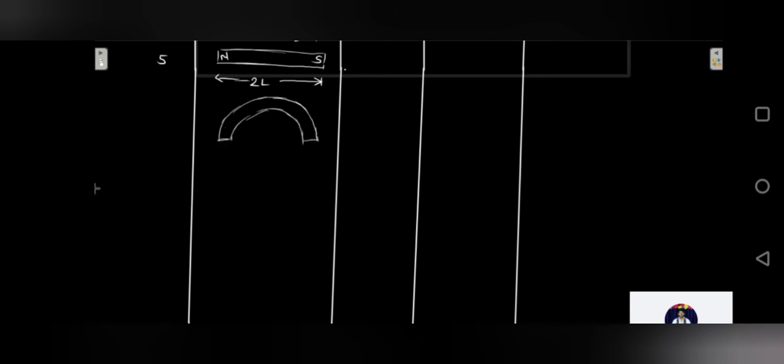Let's say that the radius of this semicircle is r. Okay, so this is your north pole, this is your south pole, like a horseshoe magnet, but a proper semicircle. So in this case the pole strength will remain qm.